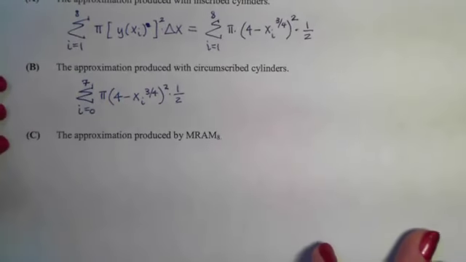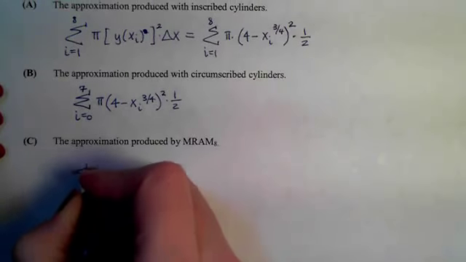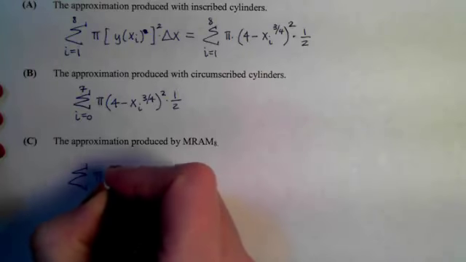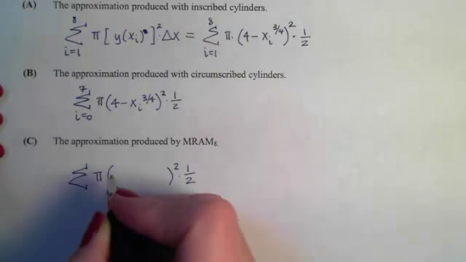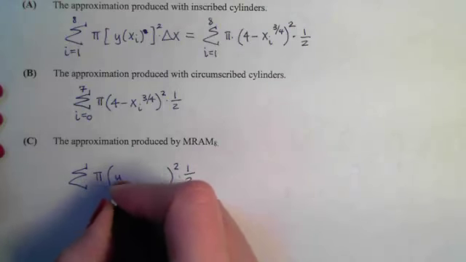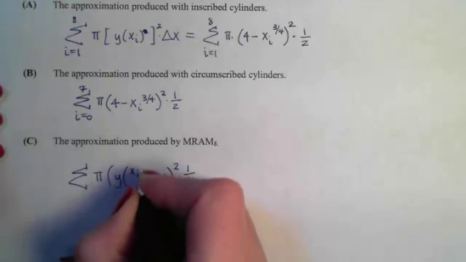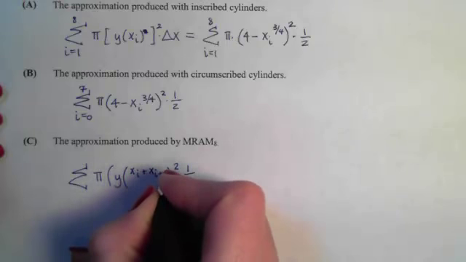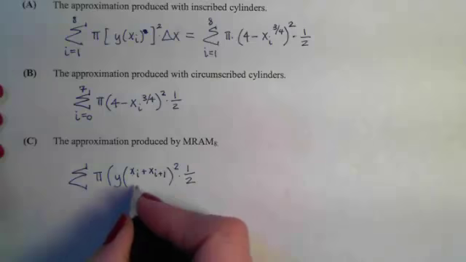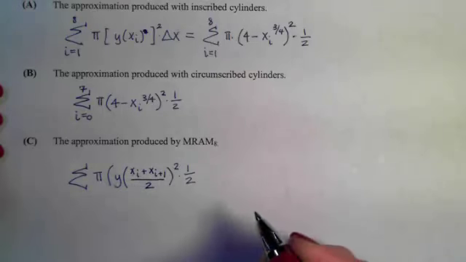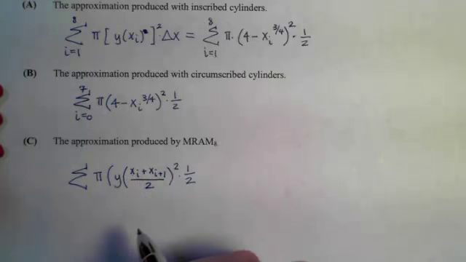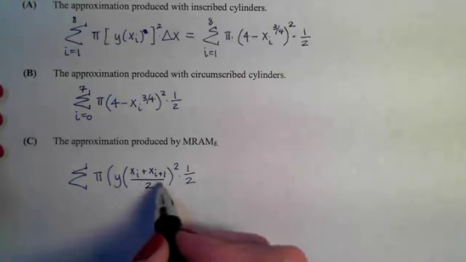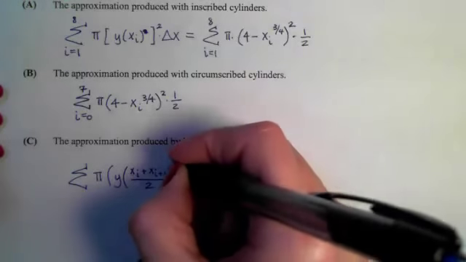So down here I'm going to have that same setup with a pi times a radius squared times a half, only this time my radius will be y with an x sub i plus an x sub i plus 1. So I have the adjacent x values and I divide them by 2. So that's going to be my middle of those two x coordinates. So for any slice that I choose, this would be the midpoint x coordinate that gets plugged into the function.